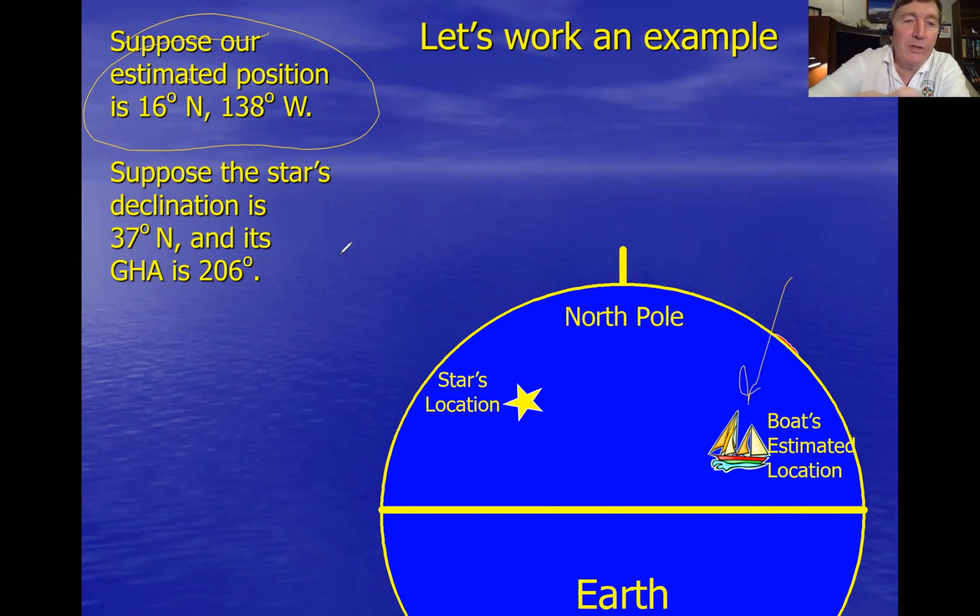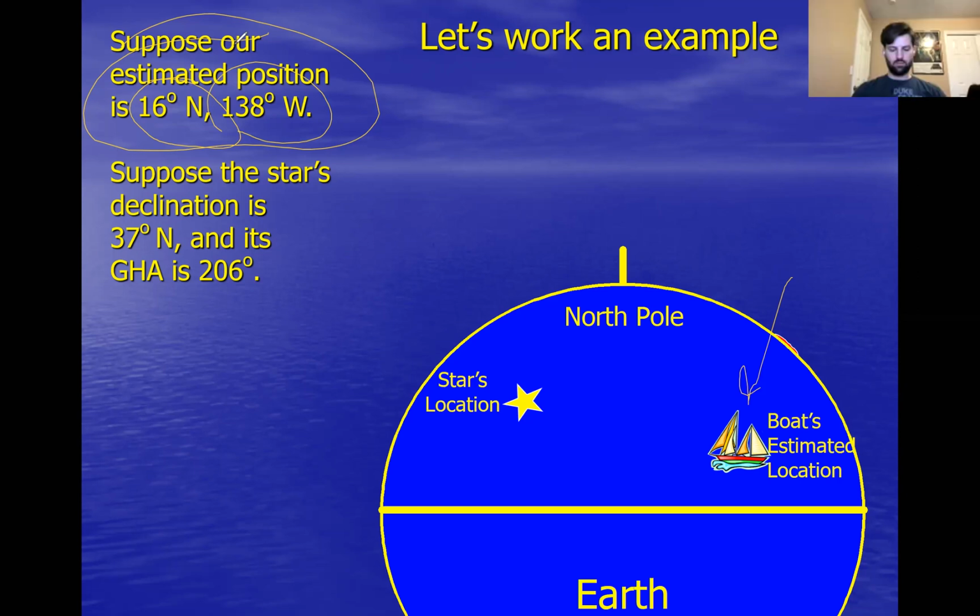We're going to assume that our latitude is 16 degrees and our longitude is 138 degrees west. Then we measured a star, and we looked in the Nautical Almanac to find the geographic position of the star at the instant that we measured it.